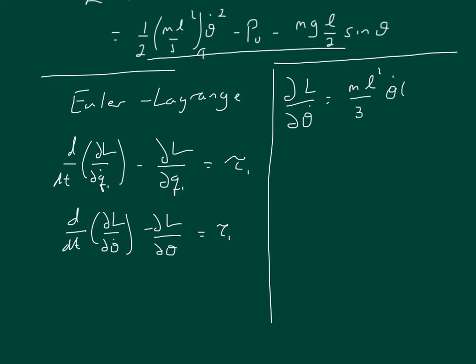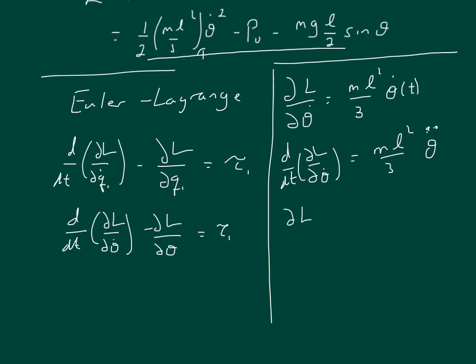Now theta dot is actually a function of time. So when we take the time derivative of the partial of L with respect to theta dot, that gives us ml squared over 3 theta double dot, where theta double dot is the second derivative of theta.